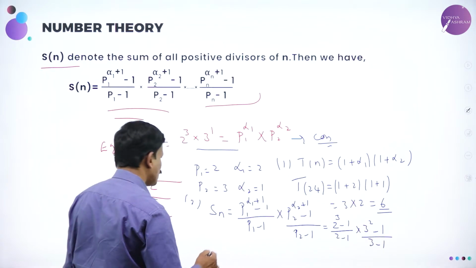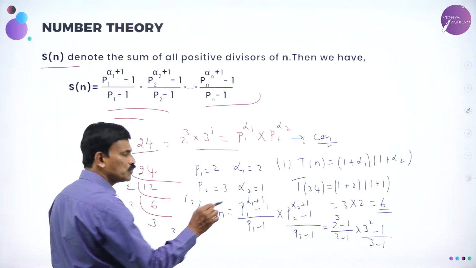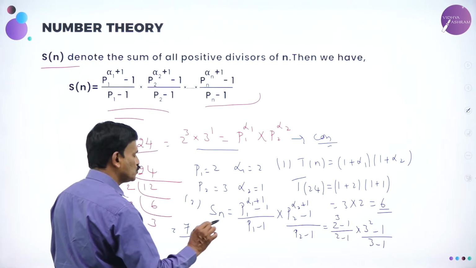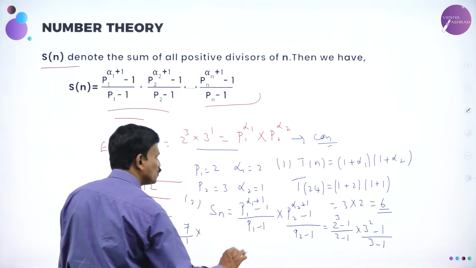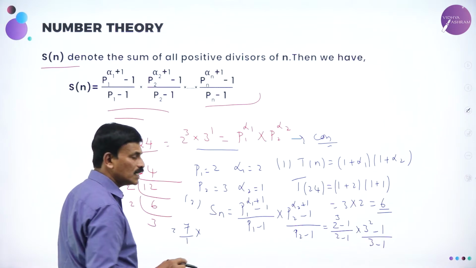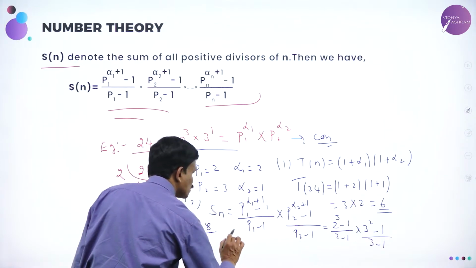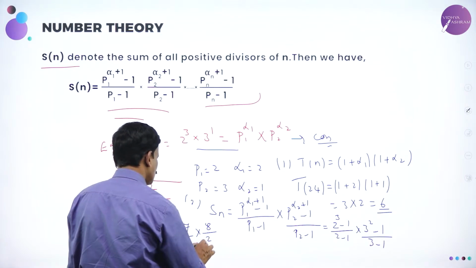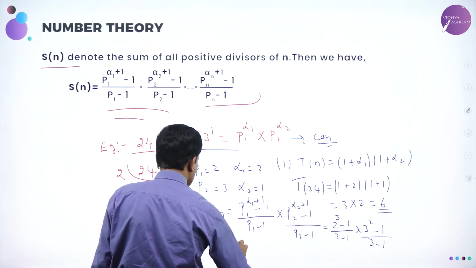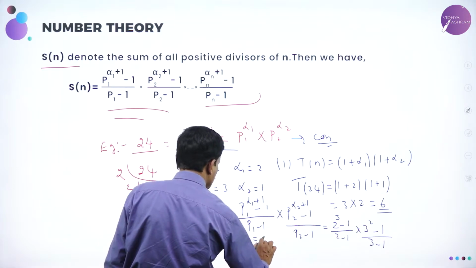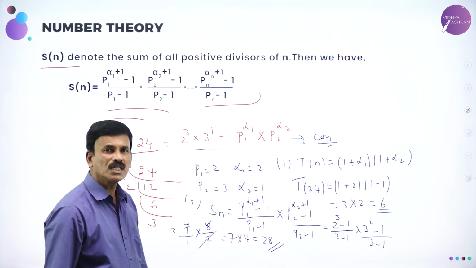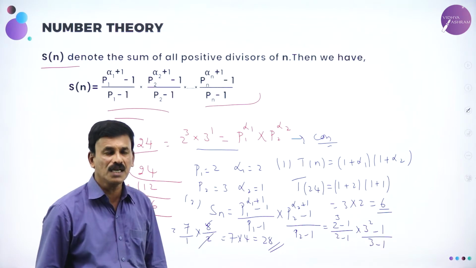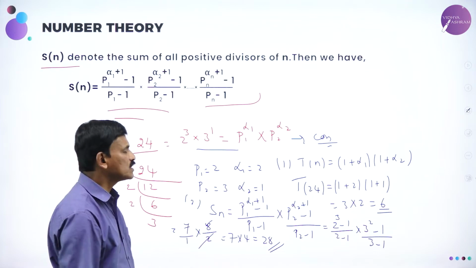If you simplify, what are you going to get? 2 to the 4 is 16, 16 minus 1 is 15, divided by 2 minus 1 is 1, into 3 square is 9, 9 minus 1 is 8, divided by 3 minus 1 is 2. So 8 by 2 is 4, and 15 times 4 is 60. That's it. So, the sum of positive divisors is equal to 60 and the number of positive divisors is 8.